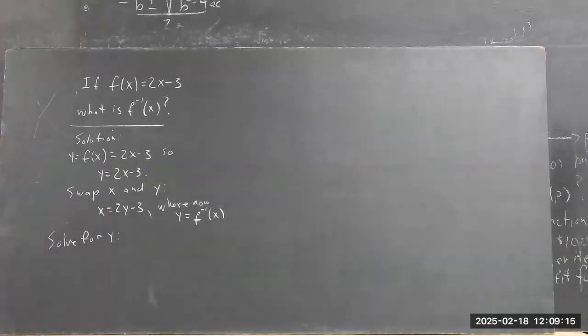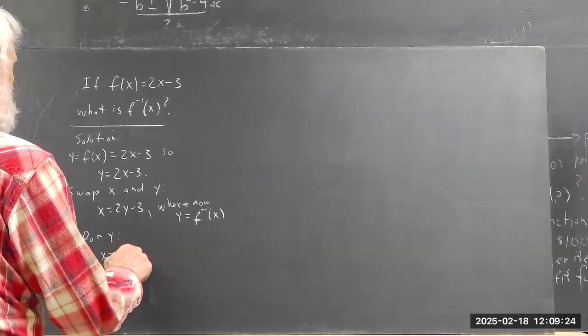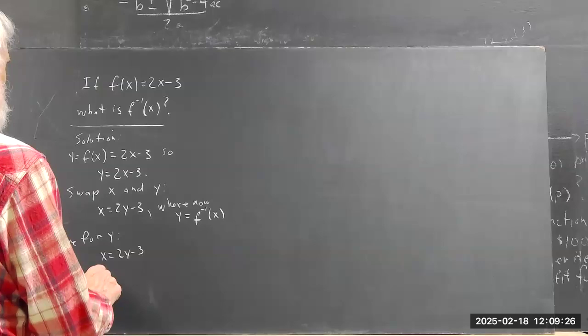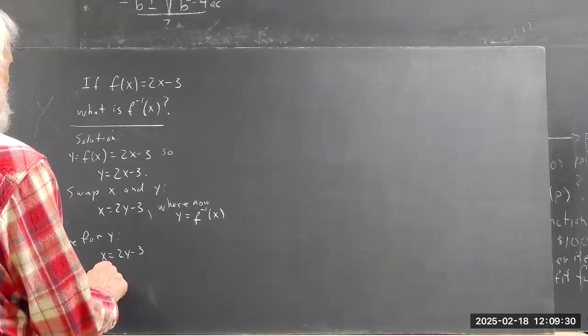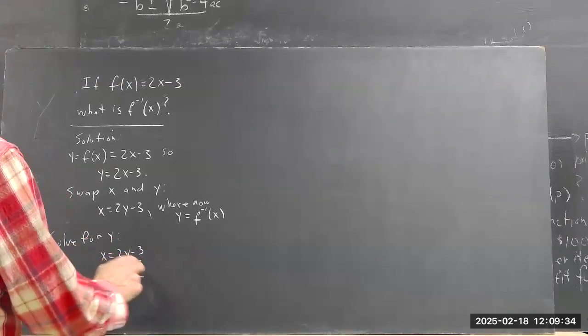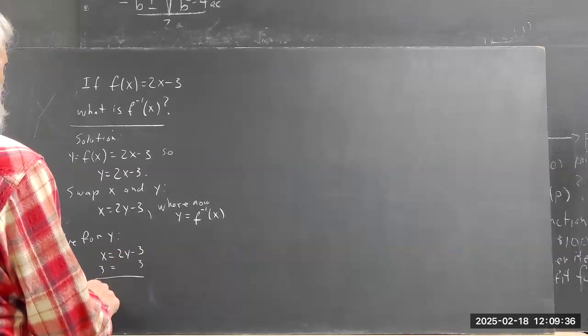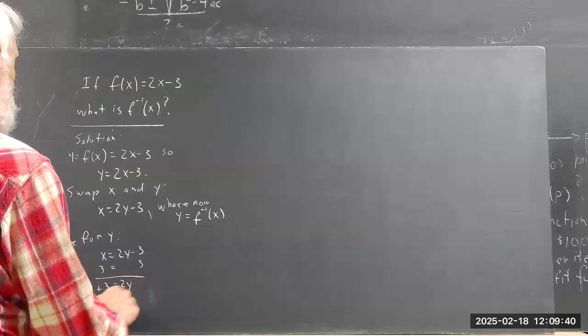All we do is we solve for y. In this case, it's very easy. We add 3: x equals 2y minus 3, so x plus 3 equals 2y.